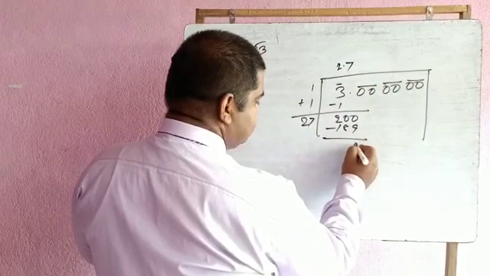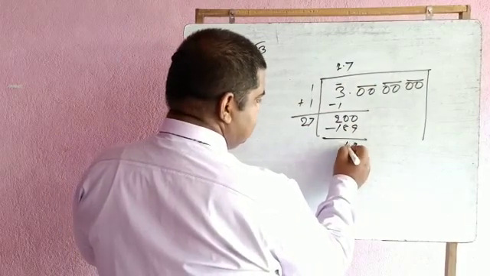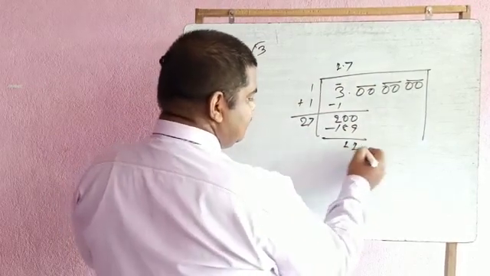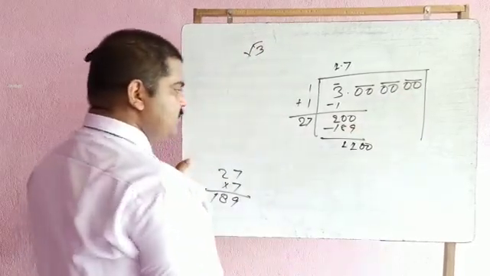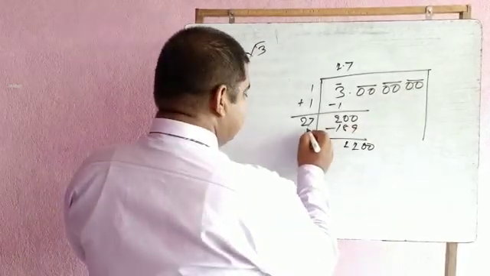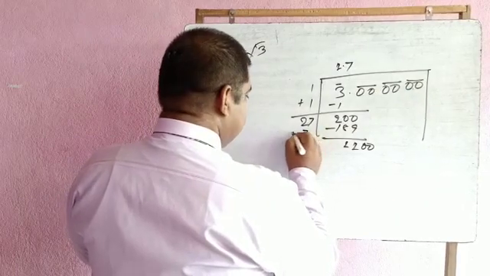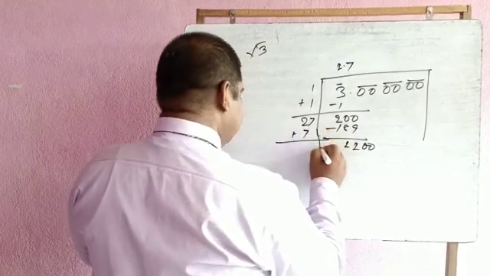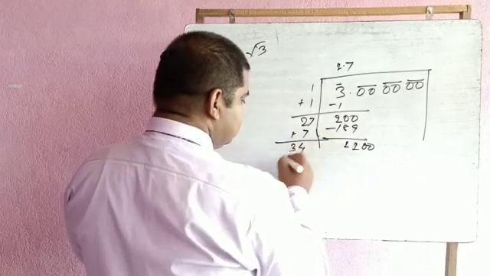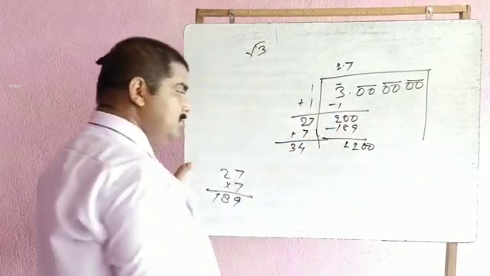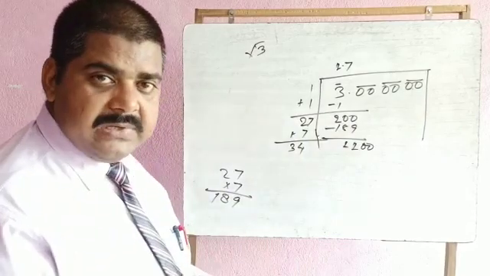You need to subtract, and this is 11. You have to again carry down 2 zeros, and 7 is added on this side: 7 7s are 14, 2 1s are 2, plus 1 is 3. Now one digit you have completed.